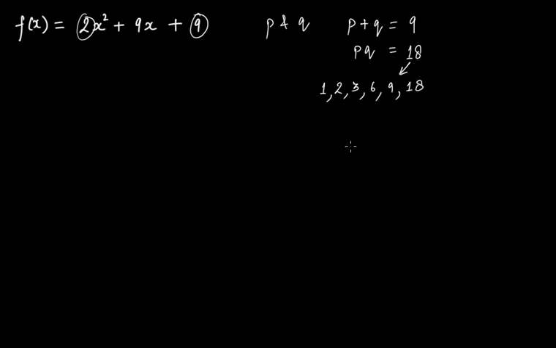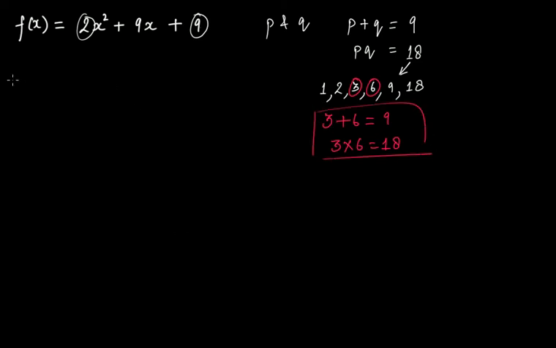Now two numbers such that they add up to 9 and their multiplication is equal to 18. So the two numbers will be 6 and 3, because 3 plus 6 is equal to 9 and 3 multiplied by 6 is equal to 18. So p plus q is equal to 9 and pq is equal to 18.